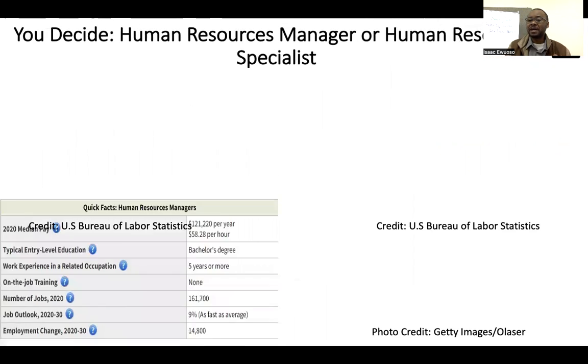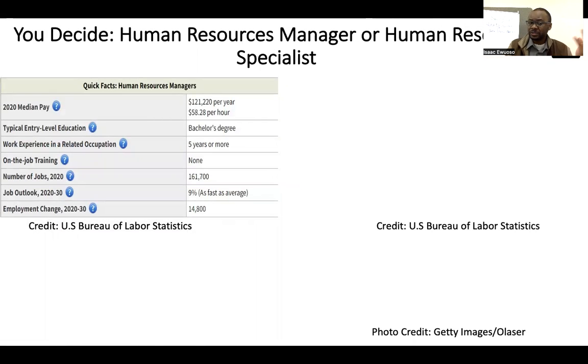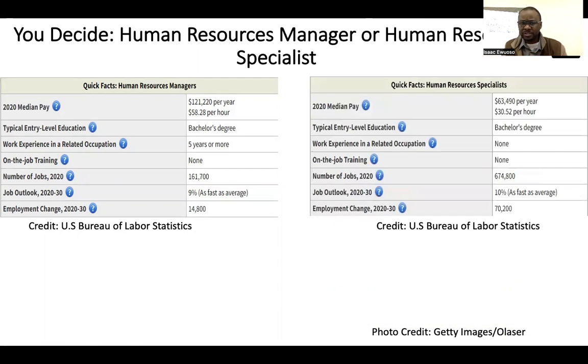Now, if you are considering a career, here are a few facts in either human resources manager or human resources specialist or generalist. Now, for a human resources manager, the median pay in the United States in the year 2020 is $121,220.